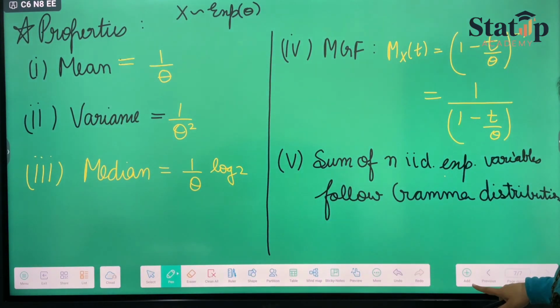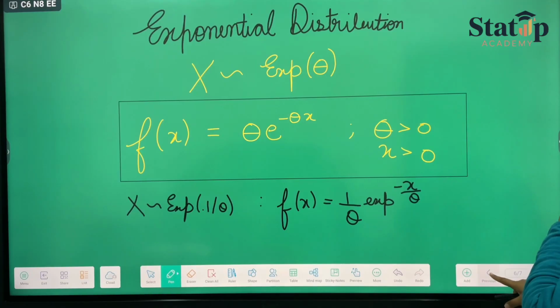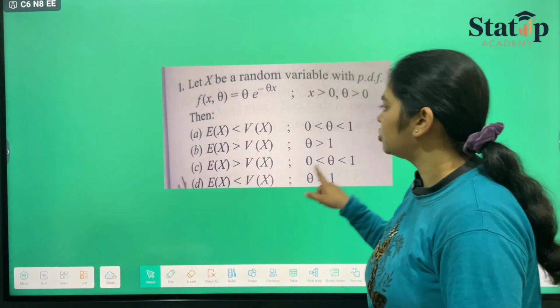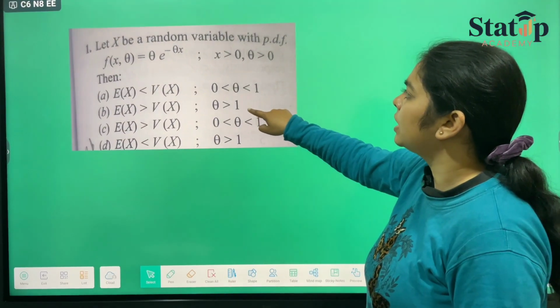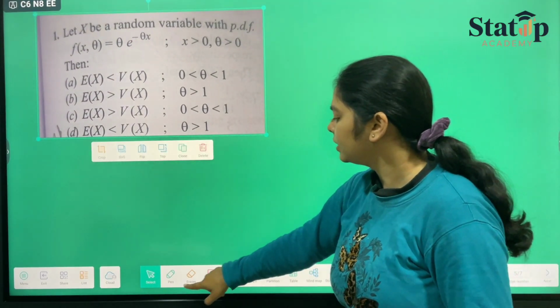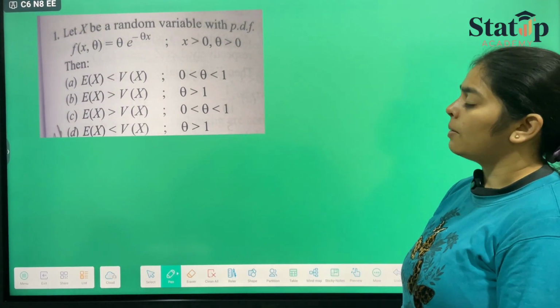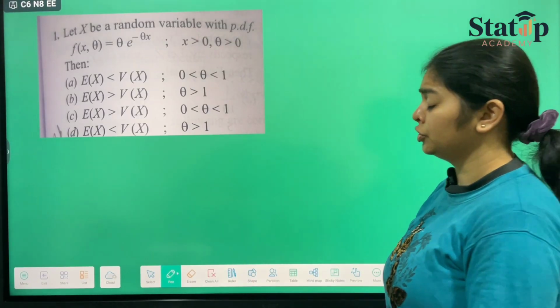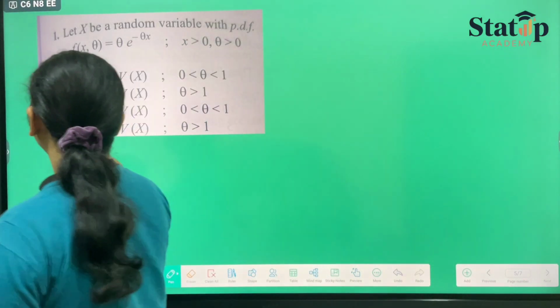Now let us move forward to a question. Let us start with the question. Here in this question, they have given us 4 statements and they have asked us about the expectation and variance.